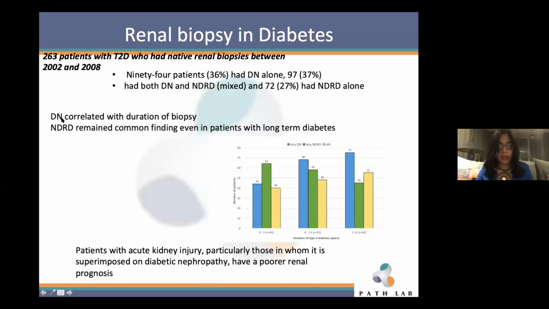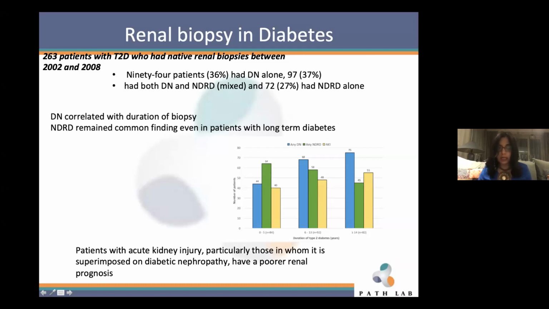Diabetic nephropathy in their cohort correlated with the duration of diabetes. So the more you delay the biopsy, the more chance that you're going to have diabetic kidney disease in the biopsy, plus or minus non-diabetic renal disease. So actually, diabetic renal disease is a time-dependent process. Non-diabetic renal disease remained a common finding even in patients with long-term diabetes.